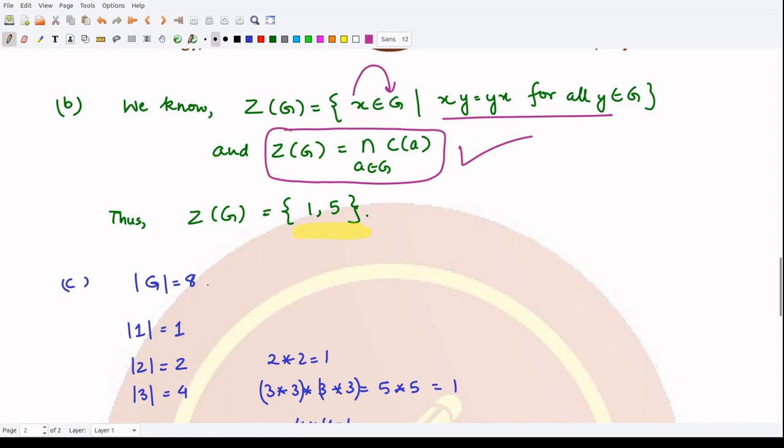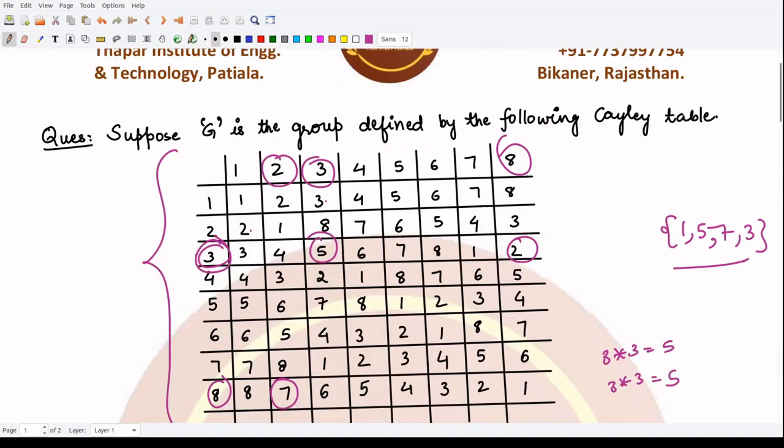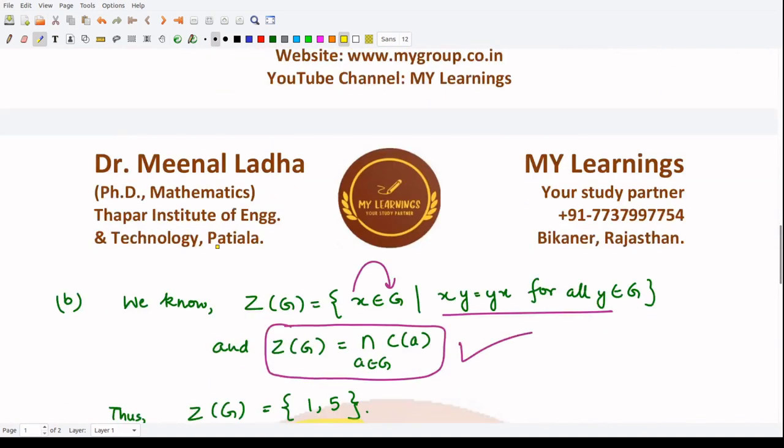Here the order of group G is 8 because it consists of 8 elements. The order of 1 is 1 because 1 star 1 gives you 1, right? Order of 2 is 2 because 2 star 2 is 1. You can clearly see from this Cayley table that 2 star 2 gives you 1, right? So you have to do it 2 times.